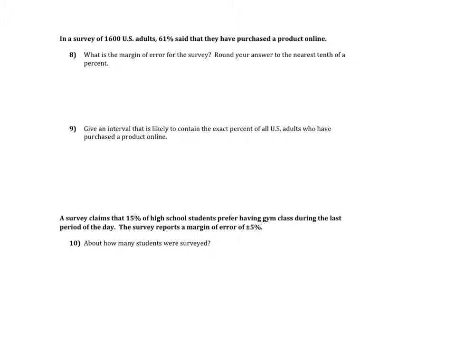So to calculate margin of error, what you want to do is use the formula of 1 over the square root of your sample size. And so you take 1,600, that was our sample size, and you can plug that right into your calculator just like you see it.